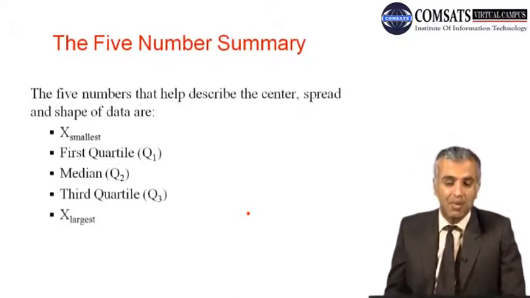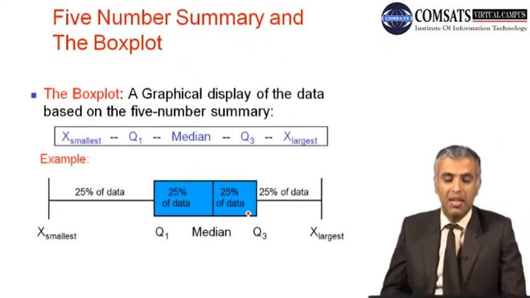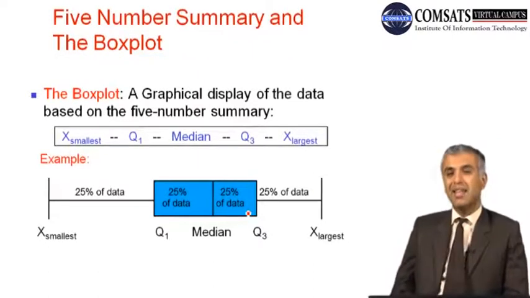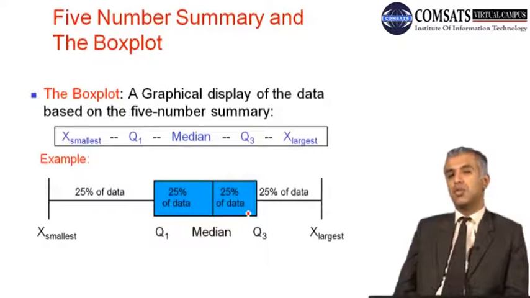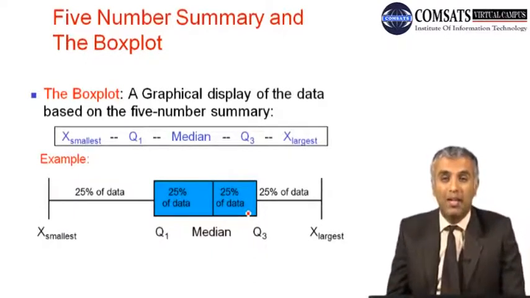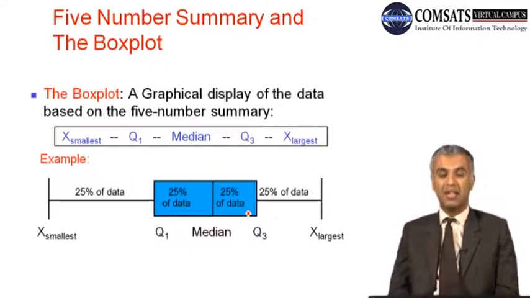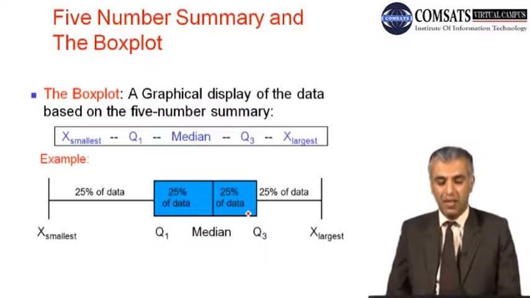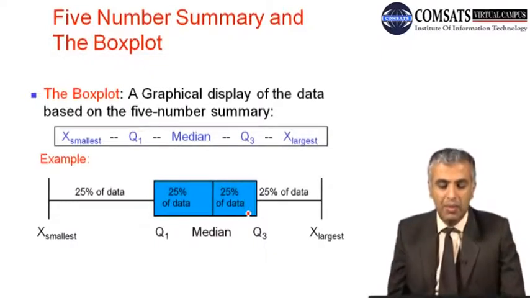This is the 5-number summary, and the technique used to display these quartiles is termed box plotting. Here you can see the graphical diagram of the box plot, with the smallest and largest value, and Q1 and Q3 as well.